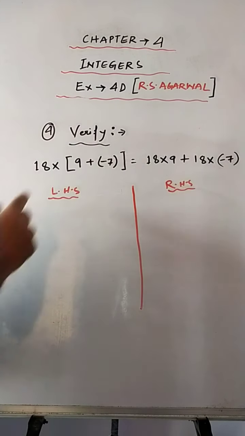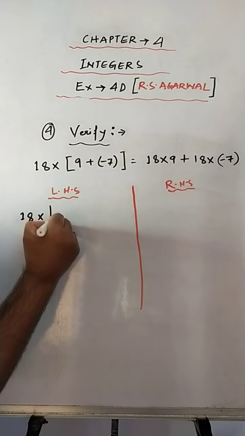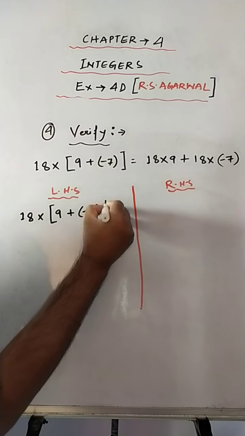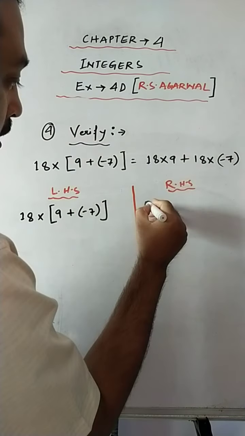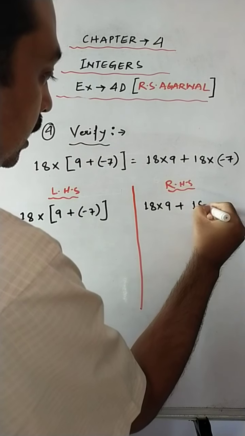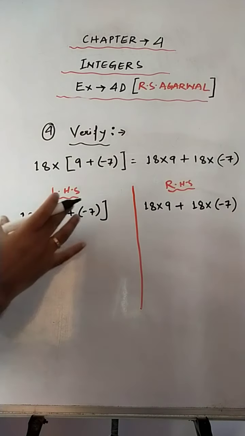Okay, so what is there in LHS? We'll write it down: 18 into 9 plus minus 7. And what is there in RHS? 18 into 9 plus 18 into minus 7. Okay, now we'll try to solve it.